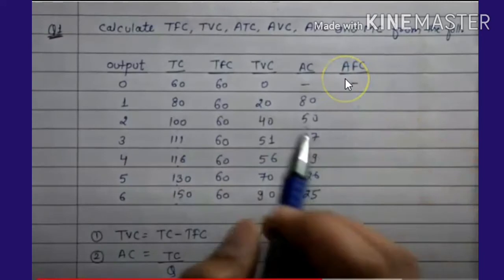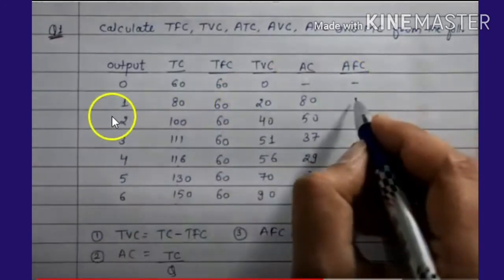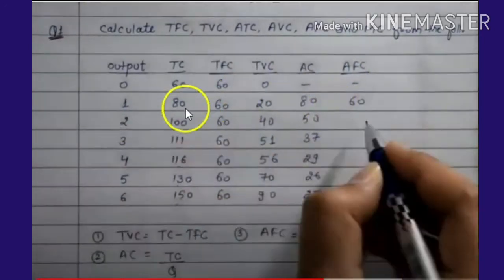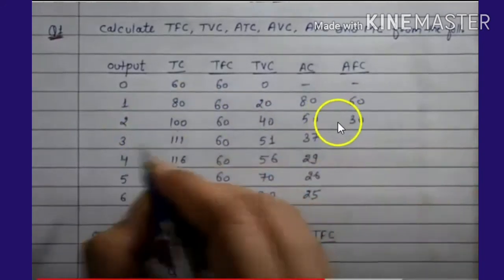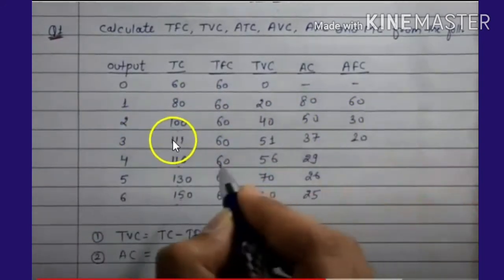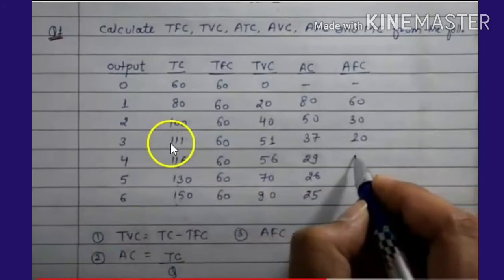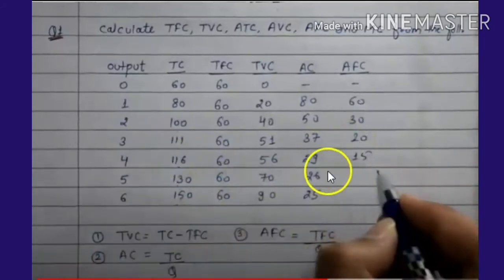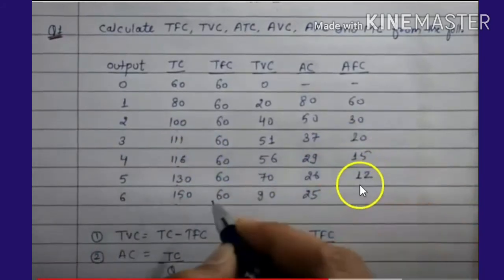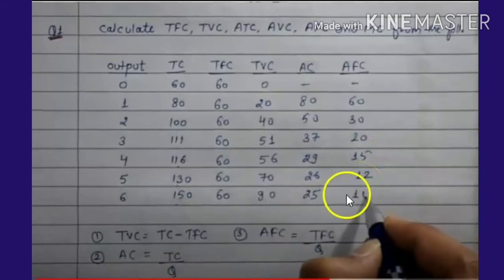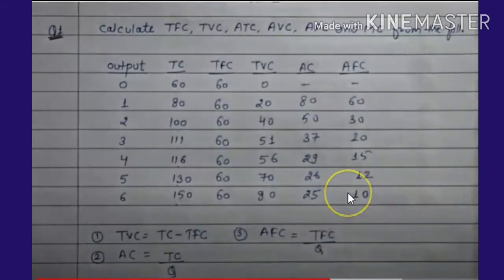You can just put a dash. Then 60 divided by 1, you can put 60. Then 60 divided by 2, you can put 30. Then 60 divided by 3, you can put 20. Then 60 divided by 4, 15. Then 12. Then next is 10. So hope you understood how you find the AFC.